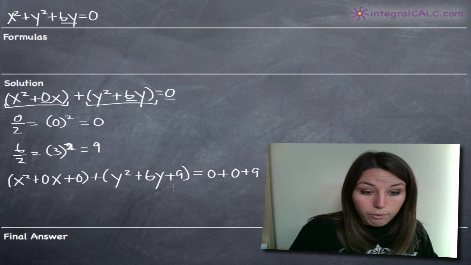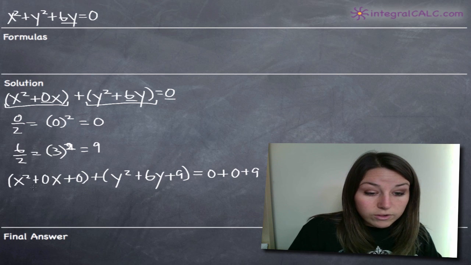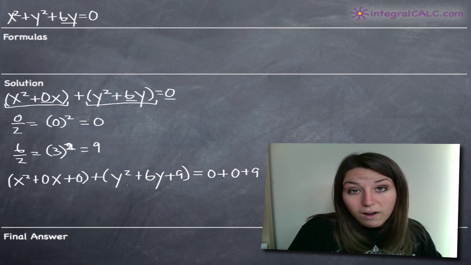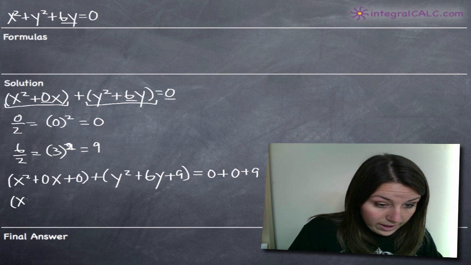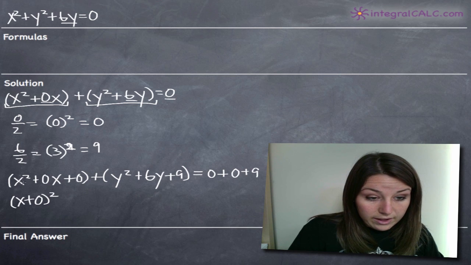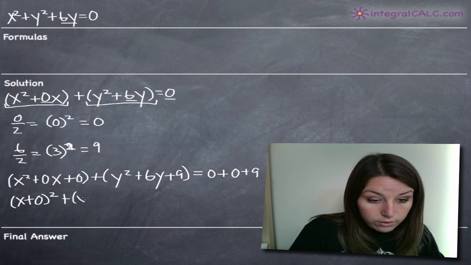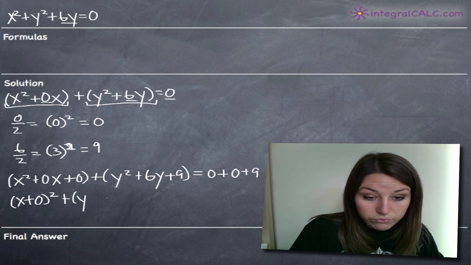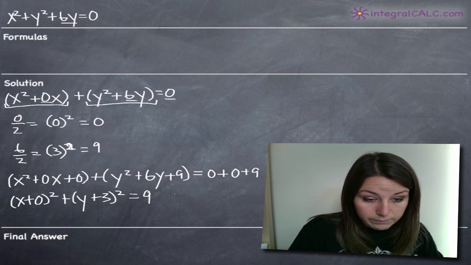Now, because we've completed the square for both x and y on the left-hand side, we can factor those. So x plus 0 squared will give us x squared plus 0x plus 0. And then y squared plus 6y plus 9 will factor into y plus 3 squared. On the right-hand side, 0 plus 0 plus 9 gives us 9.